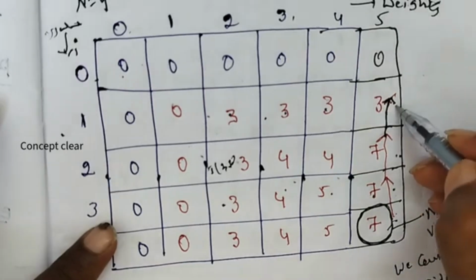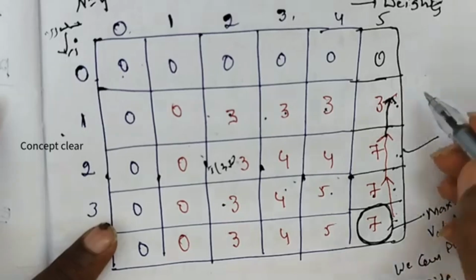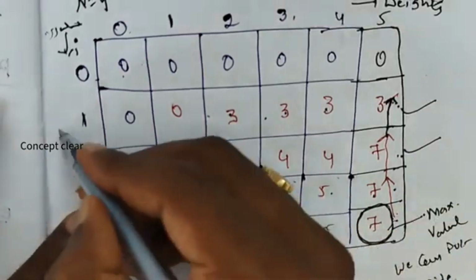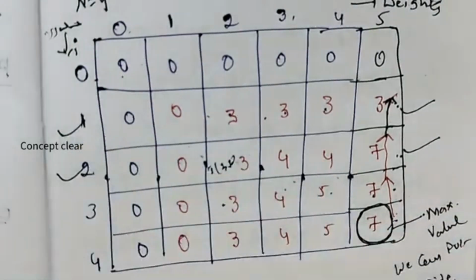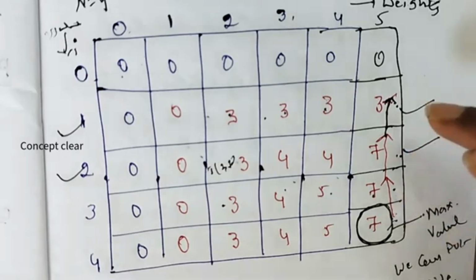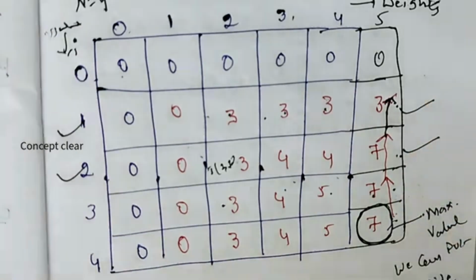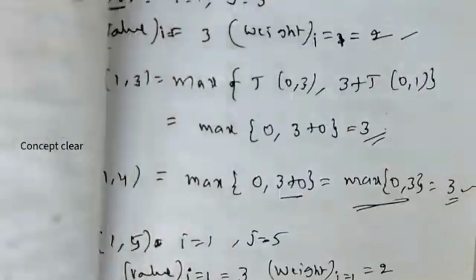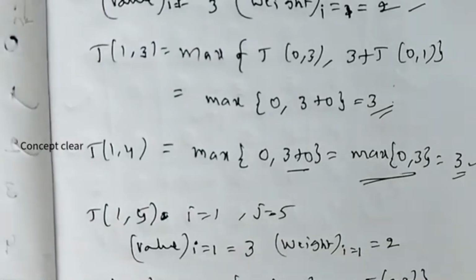And what about here, 3? So this item, this item and this item. So the first item and second item we can place inside the knapsack bag. If you place these two items, we get the maximum profit value of 7. The maximum weight we can put inside the knapsack bag is 7.